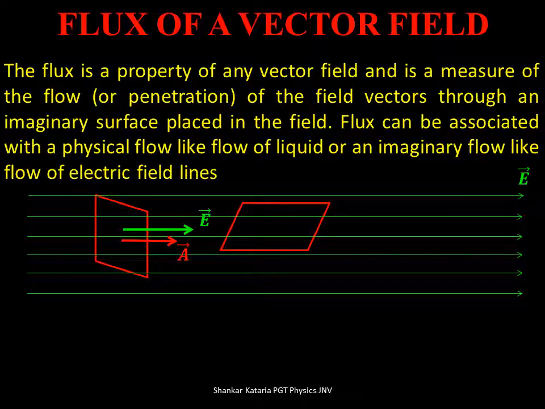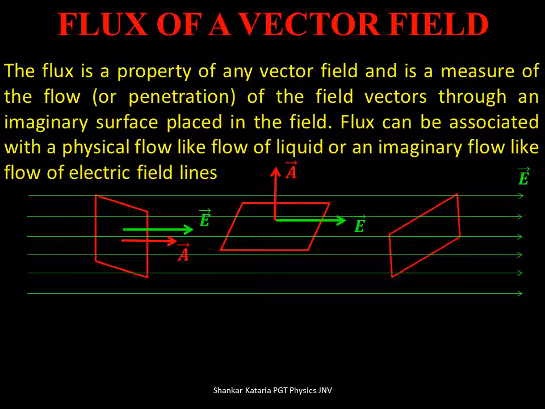Another orientation of this area: if we rotate this area by 90 degrees, then the area vector would also rotate by 90 degrees and now would be upwards, at an angle of 90 degrees from its previous orientation. The electric field, of course, is in the same direction.